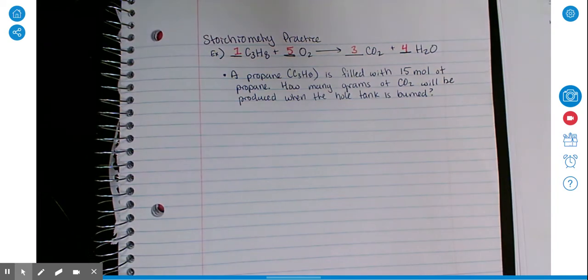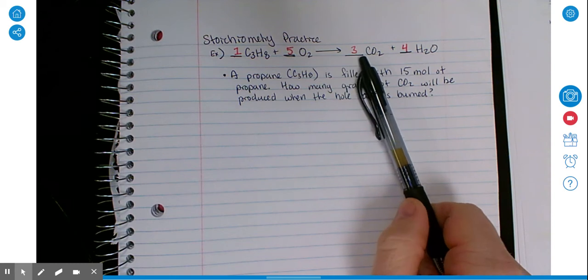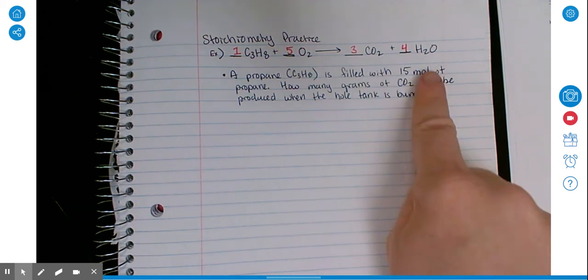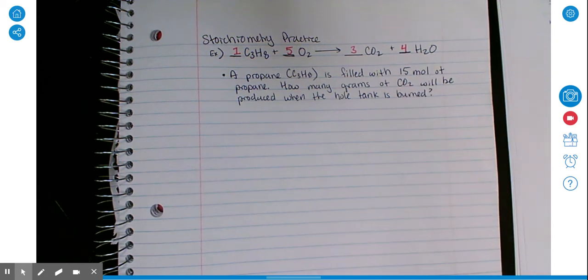So a good example of where this gets into real world application. How much CO2, how much of that greenhouse gas is going to be released into the atmosphere by burning this amount of propane? Just like with mole conversions, start with what you know.